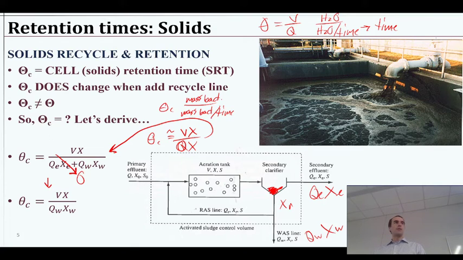It turns out that controls a lot of what we care about for our activated sludge systems, and we don't typically have to go into the mass balance situations that we did for the pond scenario, because we have this control in this manner.